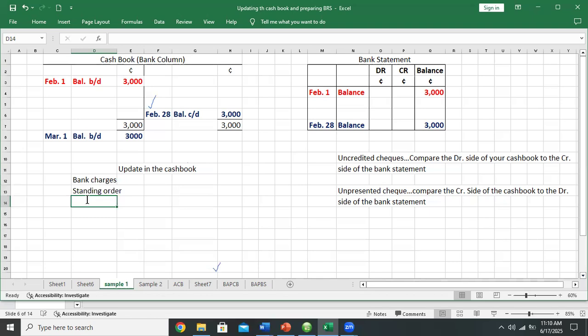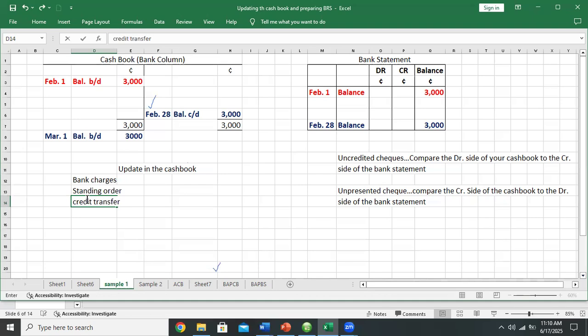Then we have what we call credit transfer. Credit transfer simply means your bank account has been credited, but you are not aware. A simple example is, as you are in class right now with me, maybe your parent has credited your bank account. He has deposited money into your bank account.